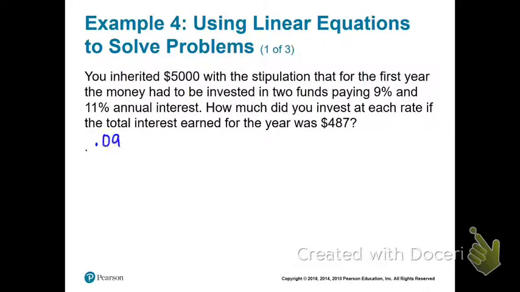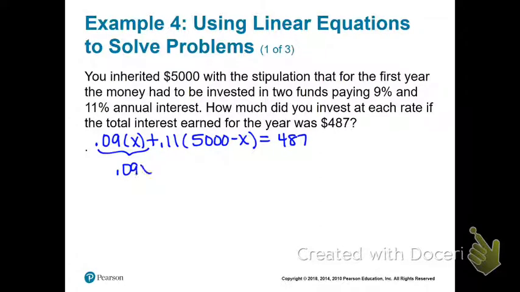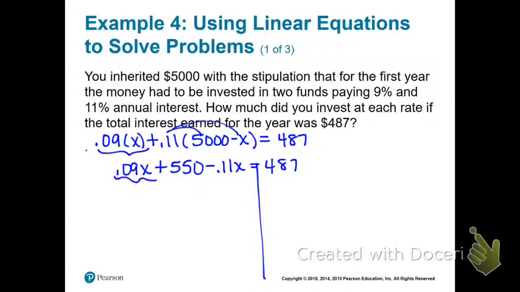What we had was 0.09 times X plus 0.11 times 5,000 minus X, and that equaled the 487. So when I multiply these, I get 0.09x. I'm going to distribute this, so this is going to give me plus 550 minus 0.11x equals 487. Combine like terms.